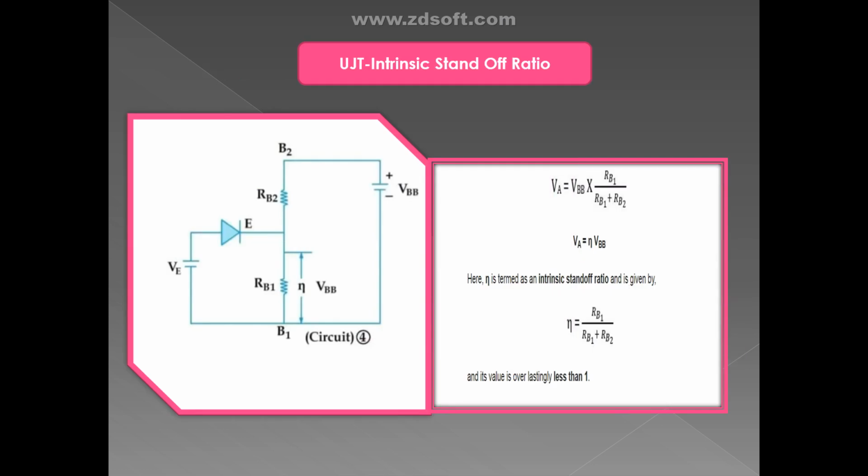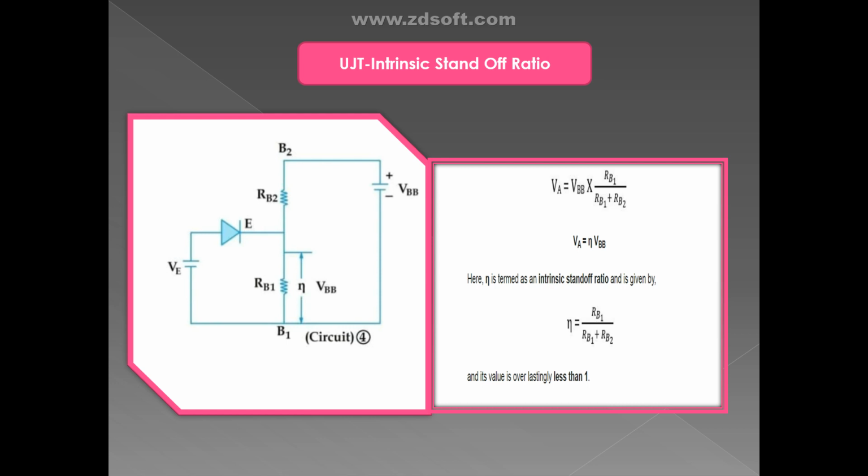Next one is intrinsic standoff ratio. Consider the equivalent circuit of Uni Junction Transistor with a battery VBB applied across the base terminals. As the emitter is open, the applied voltage divides across the resistances RB1 and RB2.